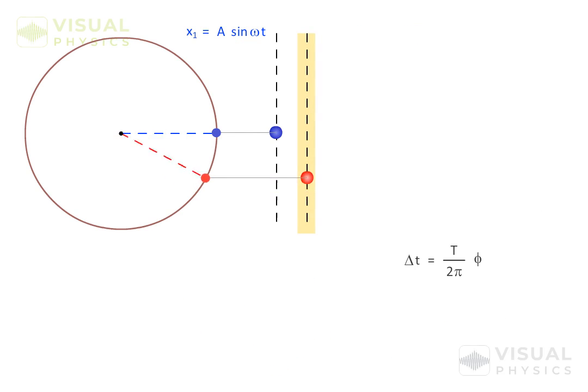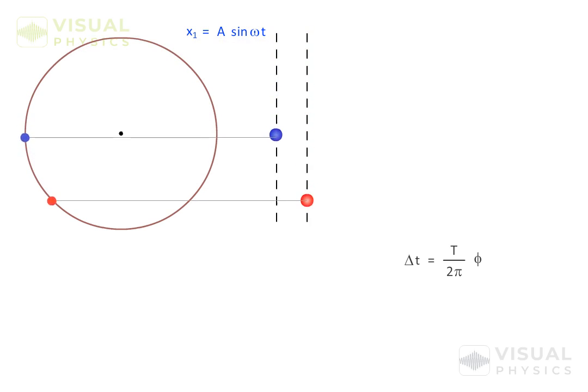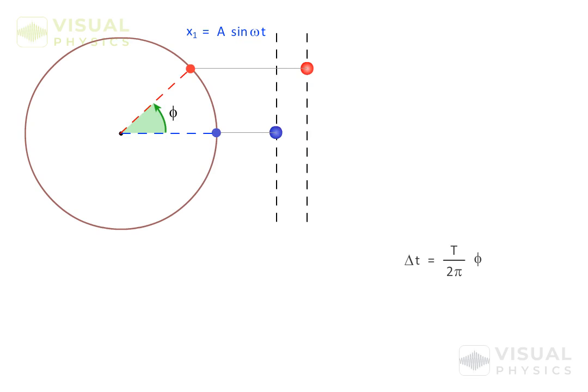If this SHM was ahead by a phase of phi, then its equation will be like this.